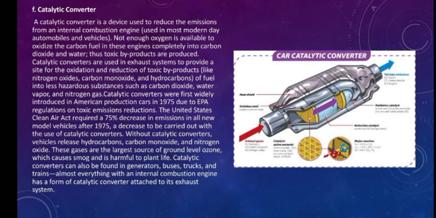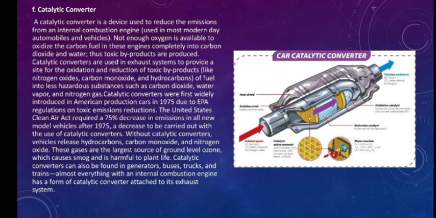Catalytic converter. A catalytic converter is a device used to reduce the emissions from an internal combustion engine, used in most modern-day automobiles and vehicles. Not enough oxygen is available to oxidize the carbon fuel in these engines completely into carbon dioxide and water, so toxic byproducts are produced.